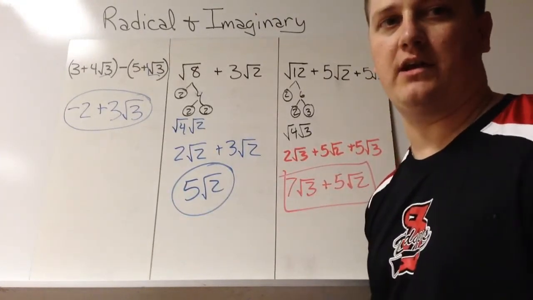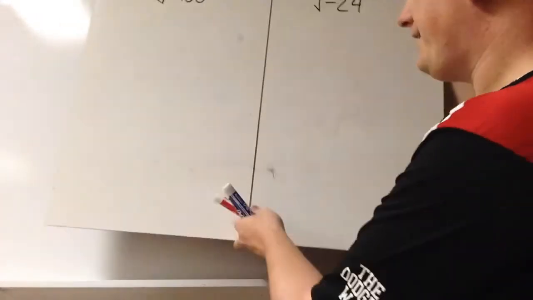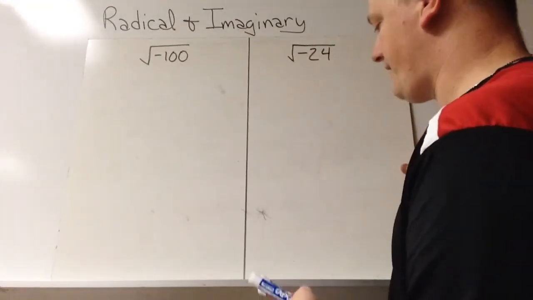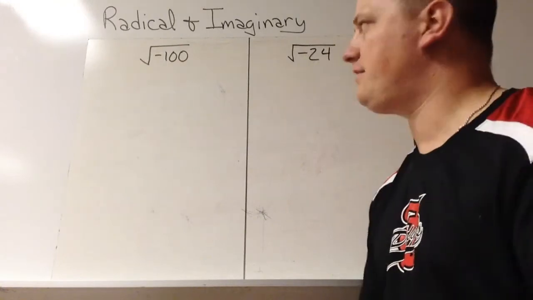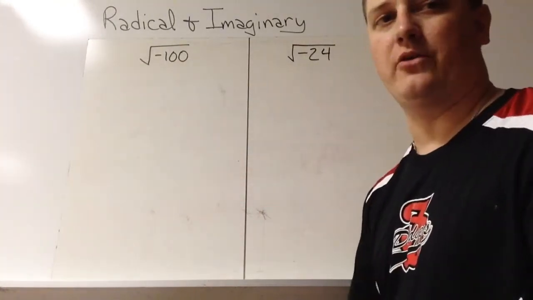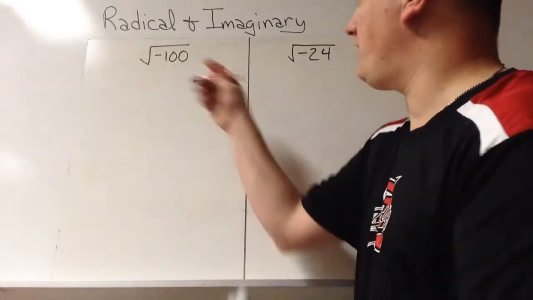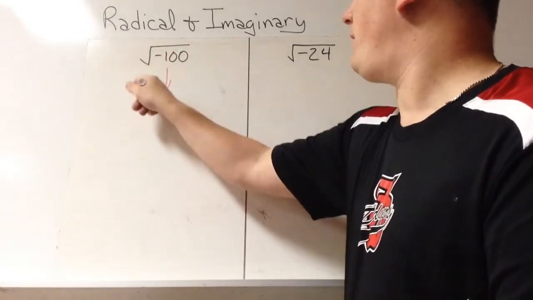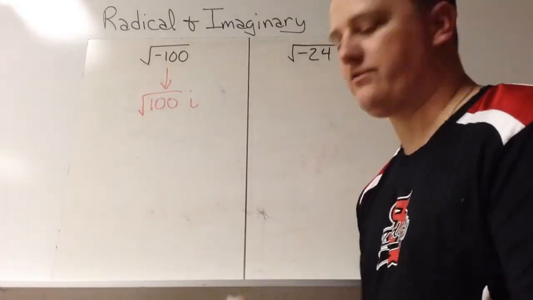Now let's look at imaginary numbers. Imaginary numbers go off of basically the same premise, except we're going to put an i next to them, identifying them as imaginary. So this is going to turn into the square root of 100 i, and the i stands for imaginary.